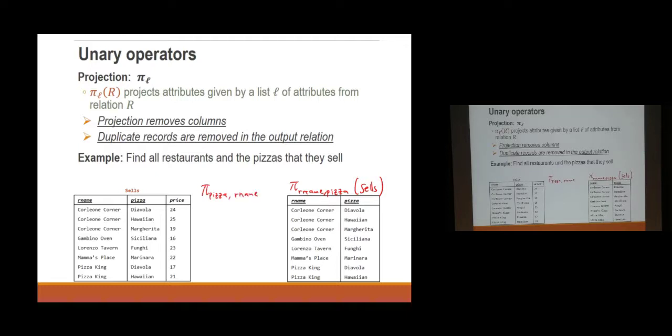Then you get pizza first as the first column and R name as the second column. Okay, you can do a little bit of reordering over here. So it's not simply just removing columns, but you can also reorder. This is kind of like your map in Python. So if you think about map and filter, this is map. Selection is filter.